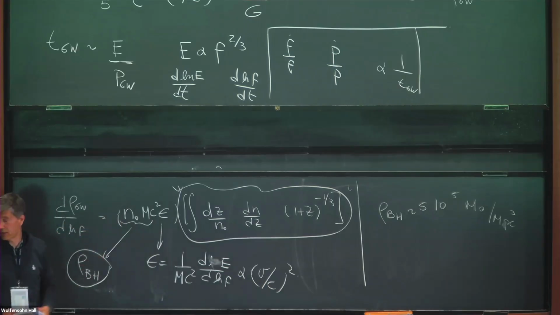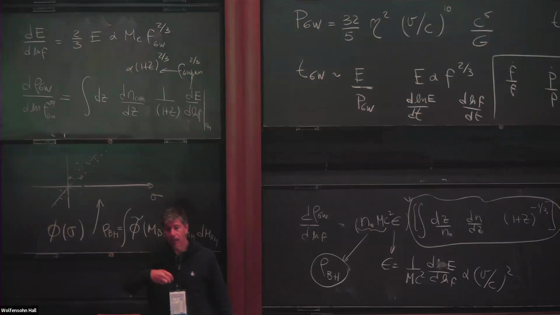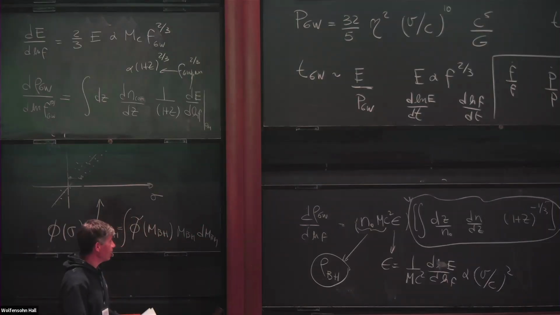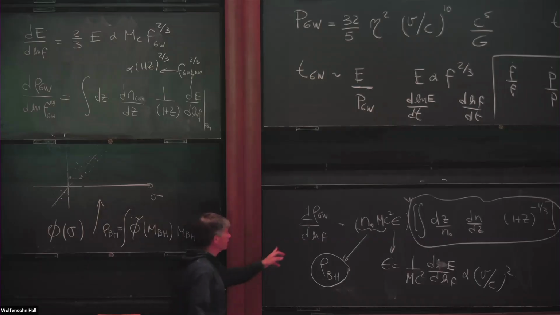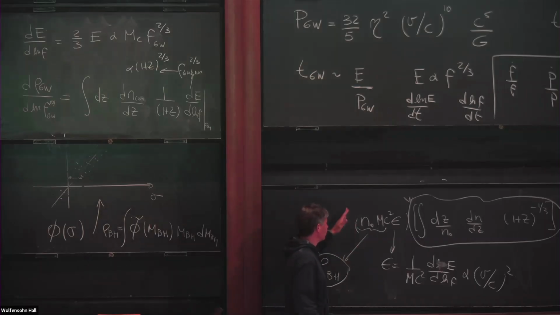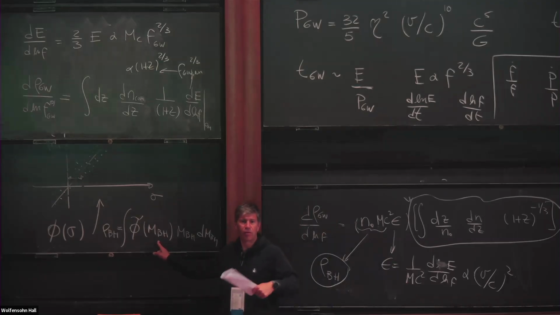And when you do that exercise, and you will do it in the problem, you will get a density of black holes in the local universe, and then you can do this integral not just assuming everybody has the same mass like here, but with a certain distribution of masses.